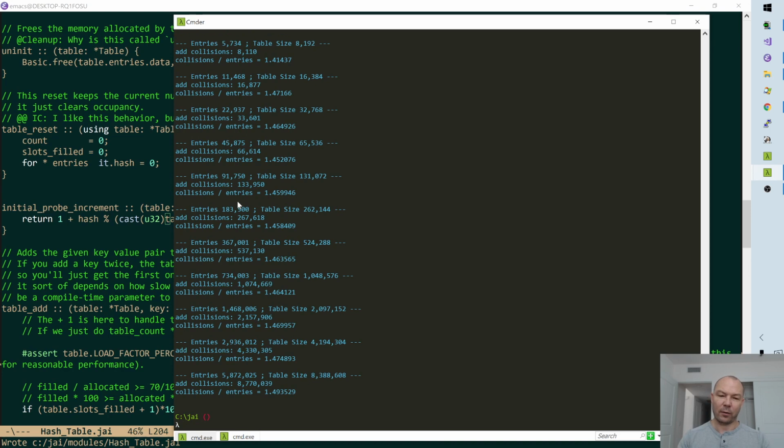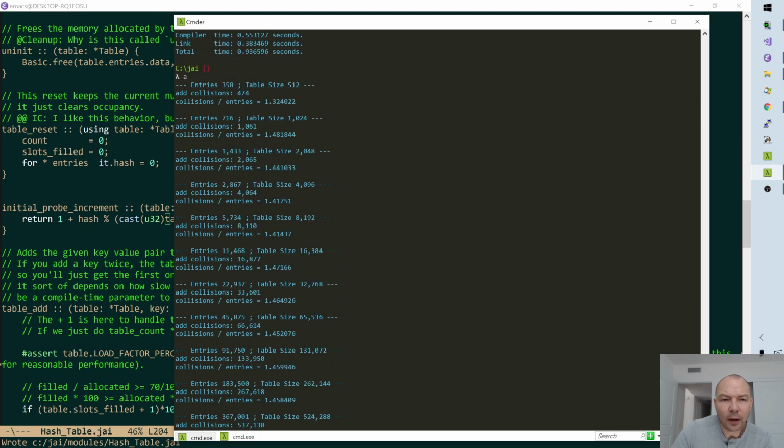Oh my God, guys. Look how many not collisions that we have now for large tables. It still gets worse, but it's not that much worse. So we start at, actually it's very noisy. So like we start at 1.3, we go up to like 1.48 for some reason.